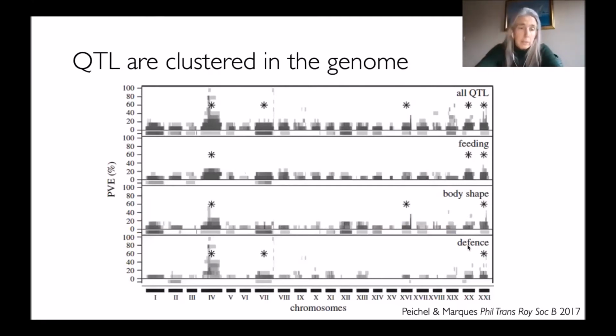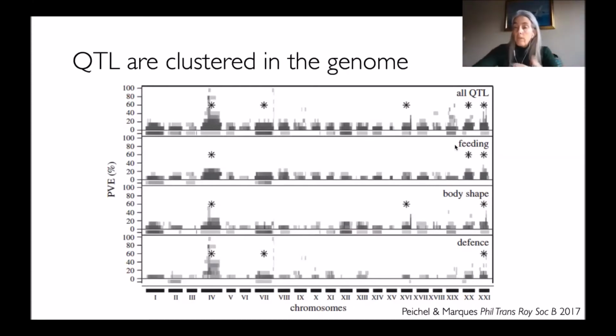What I want you to focus on is, for each chromosome, whether there is a high set of bars or a low set of bars. The first result is that if you look across all QTL, there are QTL on every chromosome. So there is somewhat of a distributed genetic architecture, where QTL can be everywhere in the genome.